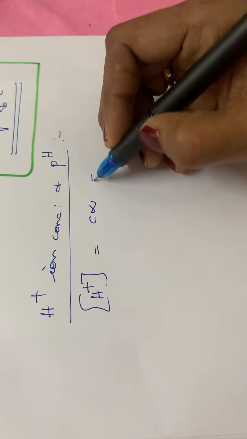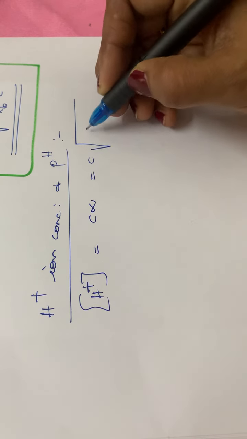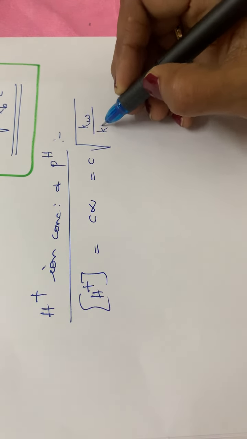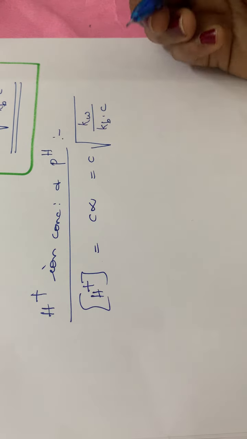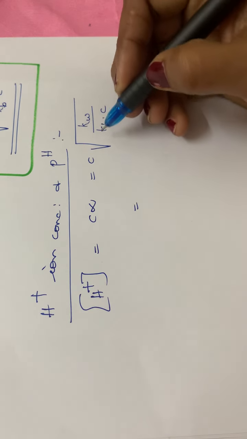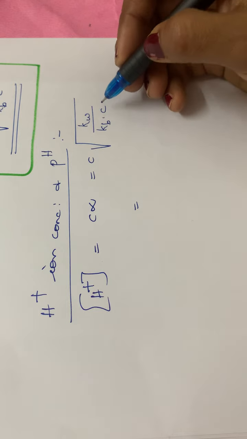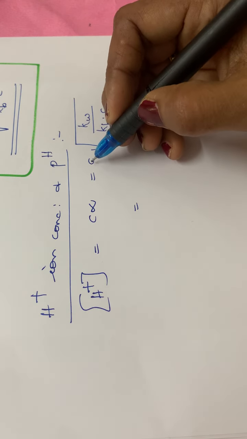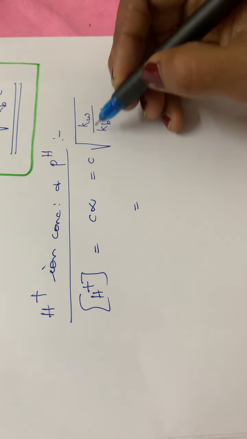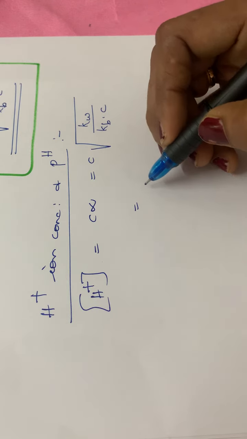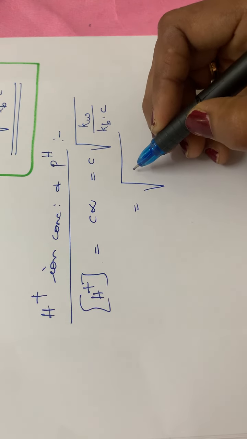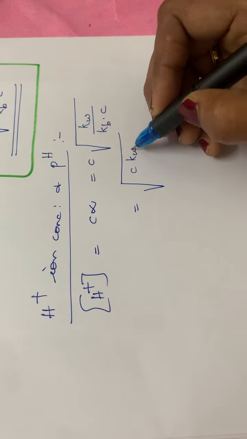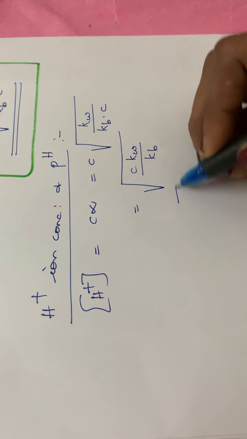That is equal to C into square root of Kw by Kb into C. Again we can cancel this C, one root C will get cancelled. So we will be getting square root of C into Kw divided by Kb.